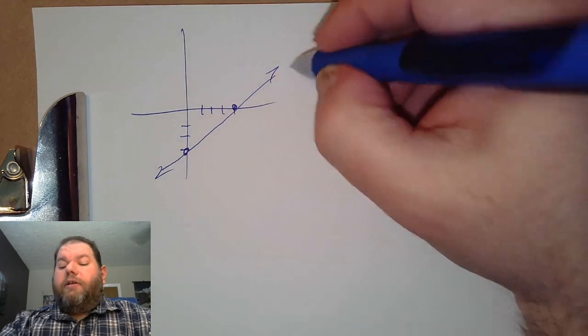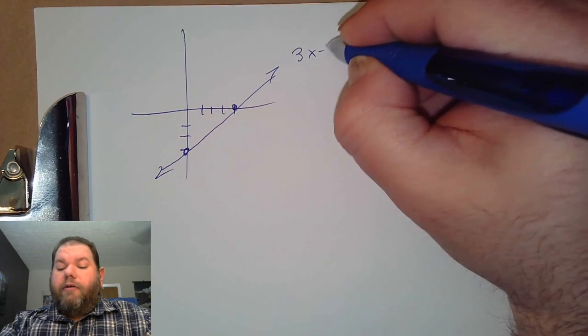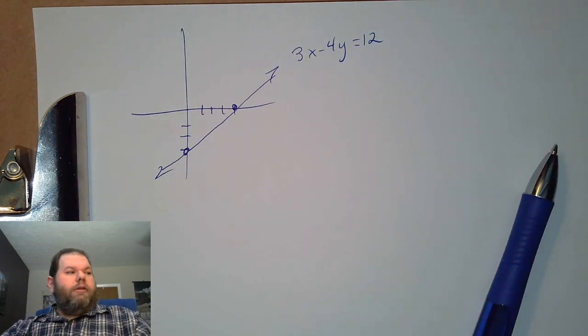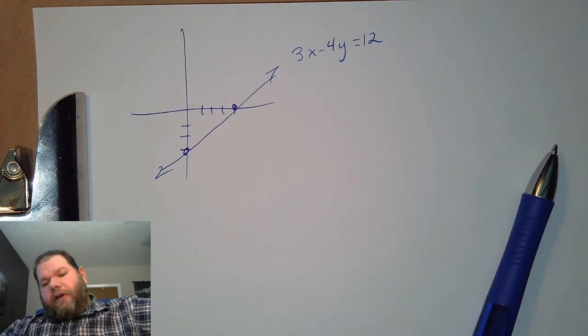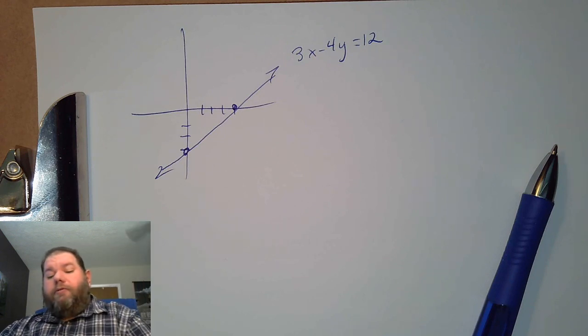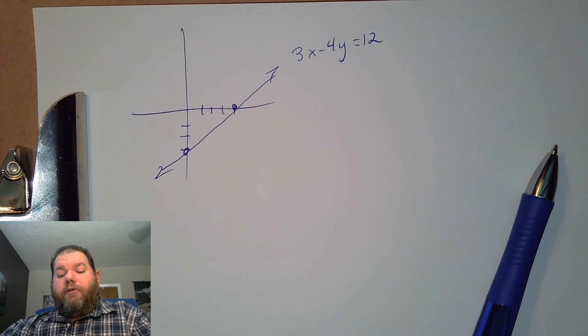So this line is 3x minus 4y equals 12. By graphing the intercepts, we are able to sketch the graph pretty quickly in some regard.